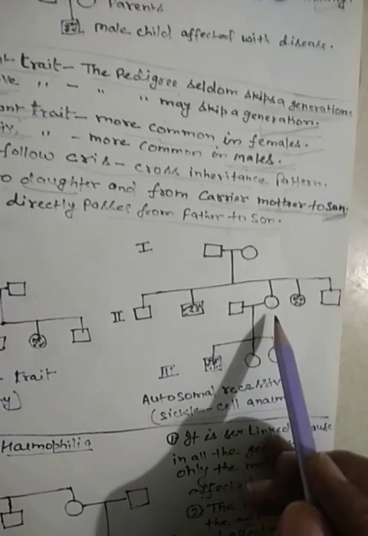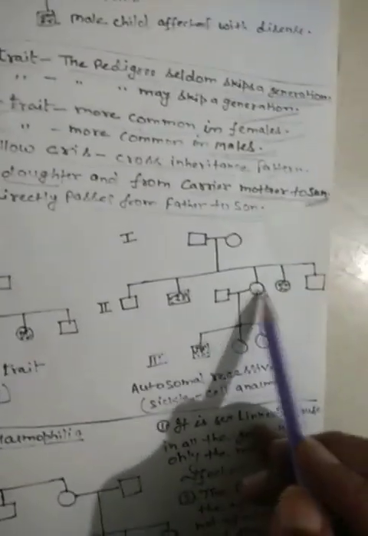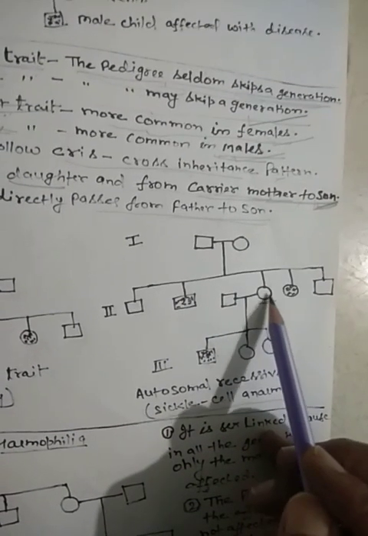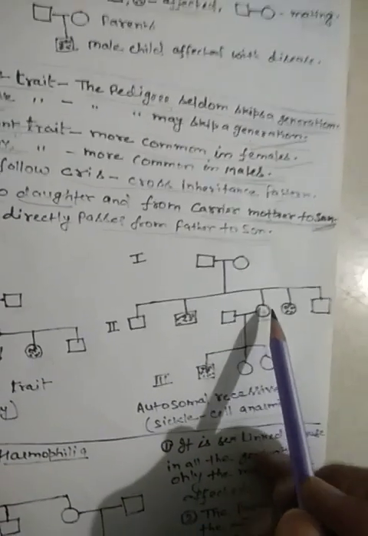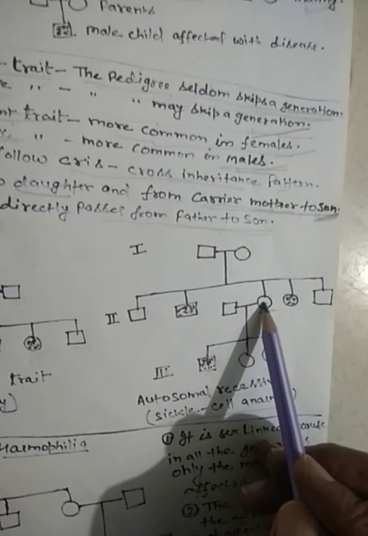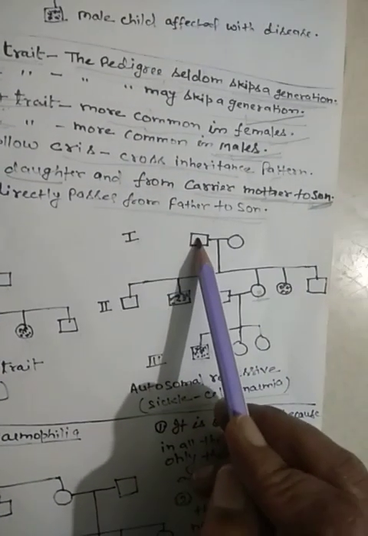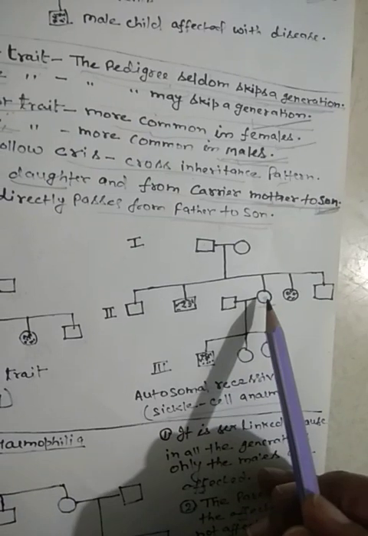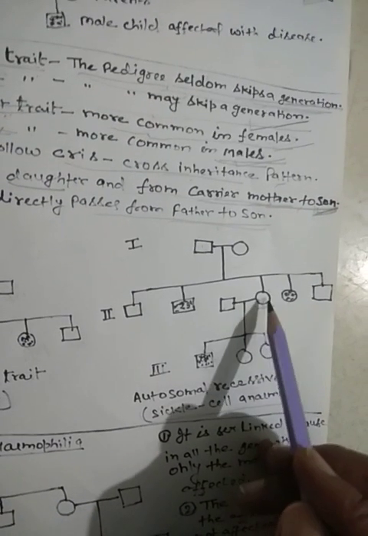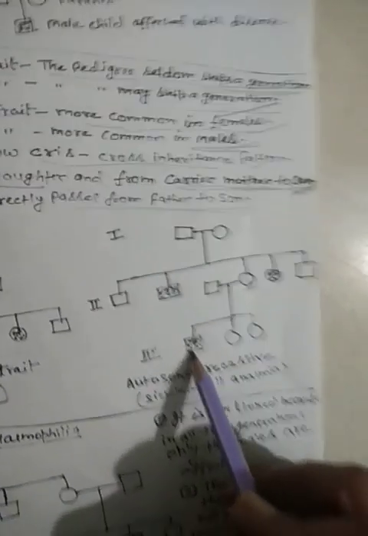But the question is, suppose this mother is the carrier, from where will she get the gene? A daughter must get the sex-linked gene from the father. So from the father it comes to the daughter, and again from this female, the mother, it comes to the son.